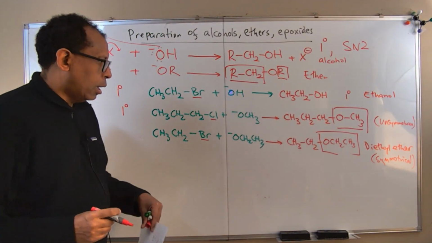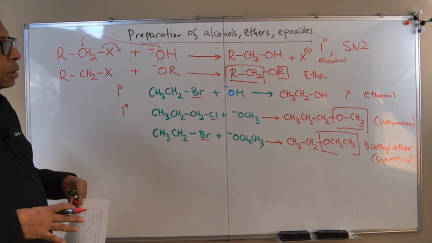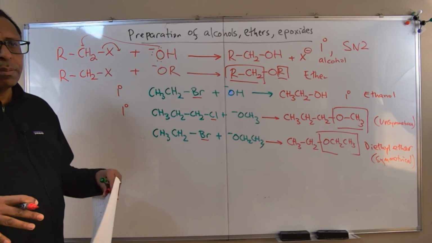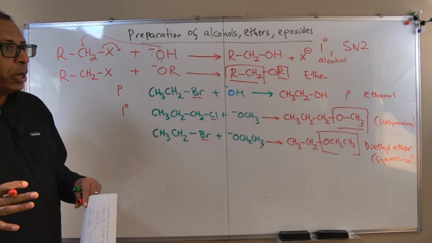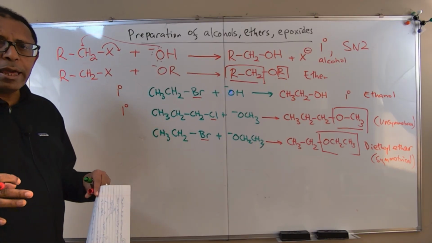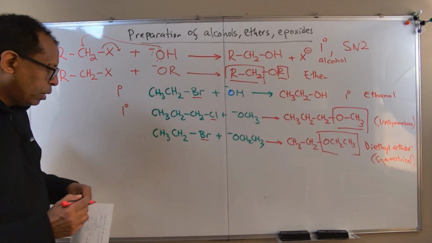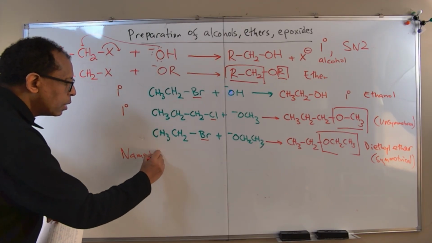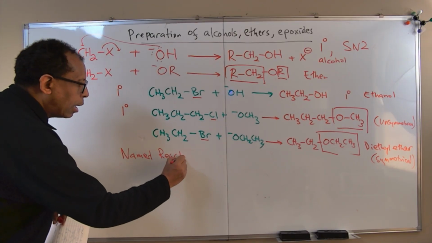So one thing I want to emphasize: this ether formation was discovered by a scientist named Williamson. So ether synthesis actually is a named reaction. Named reaction means that you have a name associated with it.